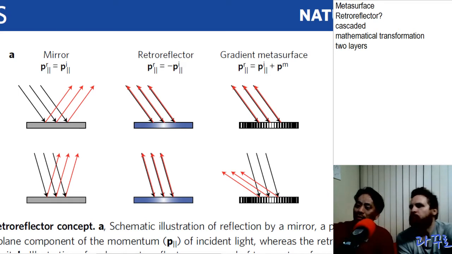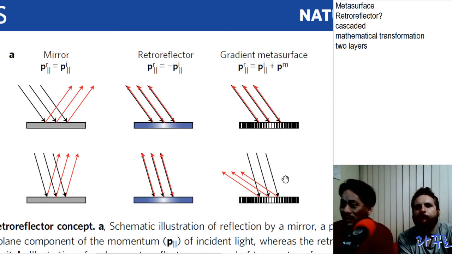In the top figure here, the P_M is minus 2 pi, so it makes minus pi, right? But at the bottom is the metasurface. P_M is still the same, but the P_I is different. So yeah, I guess so.